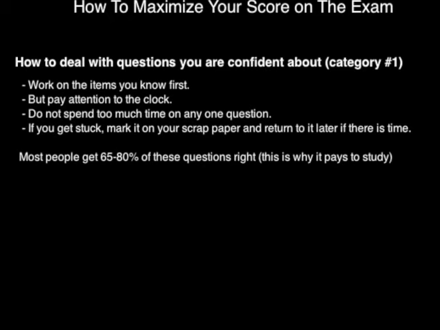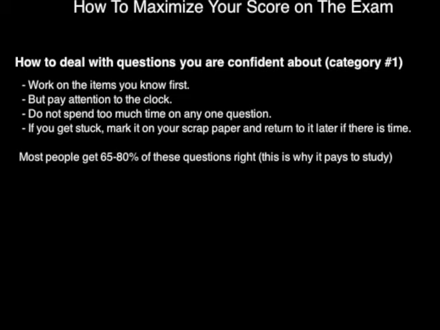Because for those ones, you are likely going to get close to 100% correct. The last thing you want is a situation where you run out of time and there's maybe 5 or 6 easy questions that you haven't yet even read. So skip ahead until you've done all the easy questions.